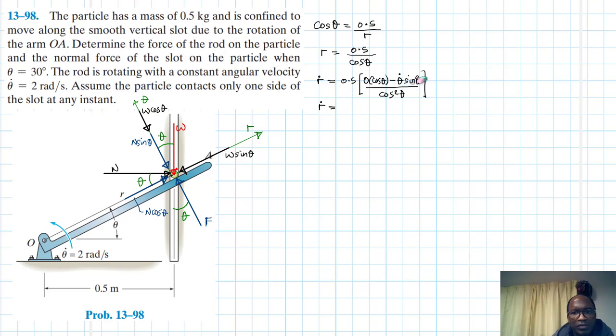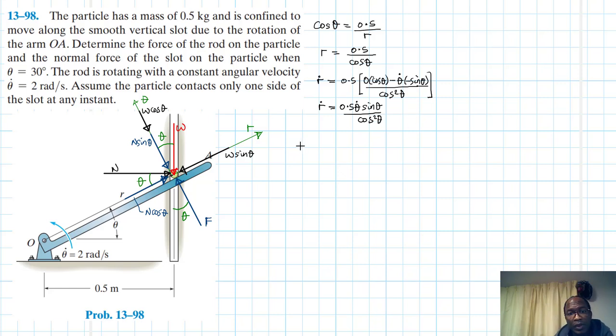I forgot a negative: when we work out the derivative of cos, we have a negative sine theta. Therefore, this just becomes 0.5 theta dot sine theta divided by cos squared theta.